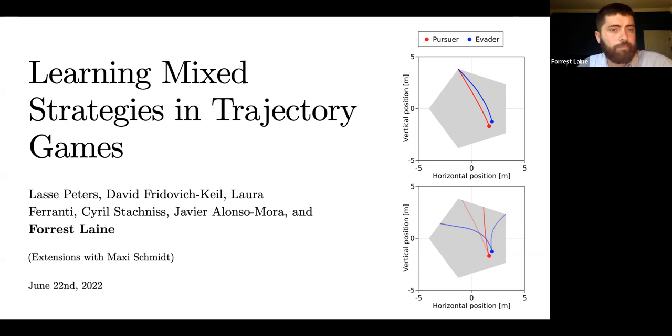Okay, cool. Today I'll talk about a paper that we're going to present at RSS next week in New York City. It's kind of recent work. We were mostly working on this over the winter, and it was done with a team of colleagues all over the world.